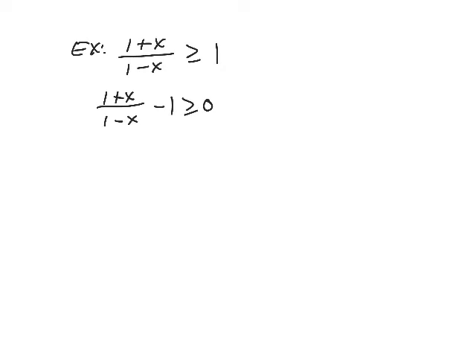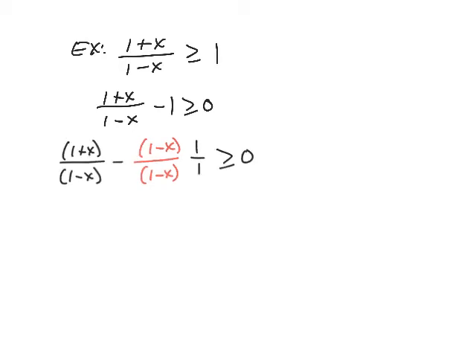So I'll do that step. (1 plus x) over (1 minus x), minus (1 minus x) over (1 minus x) times 1 over 1, greater than or equal to 0. Because this is subtraction, you've got to be careful. You're distributing that negative in here, so this is going to change sign.